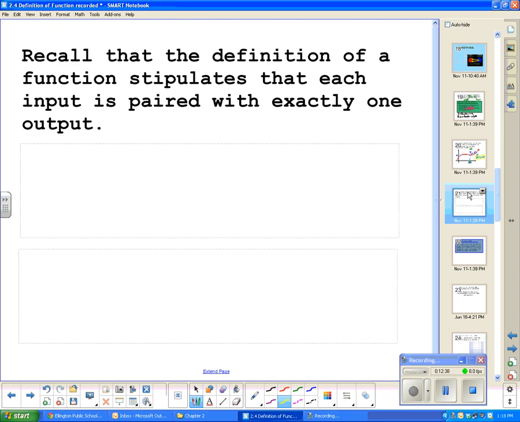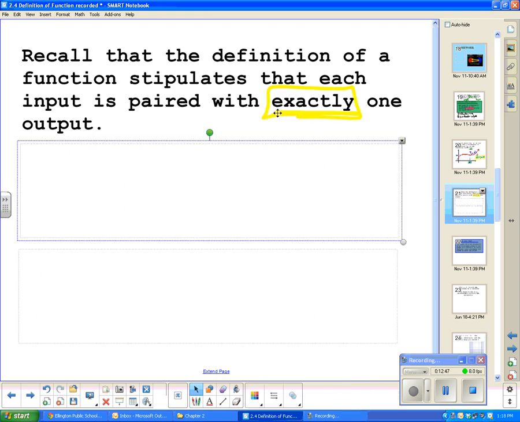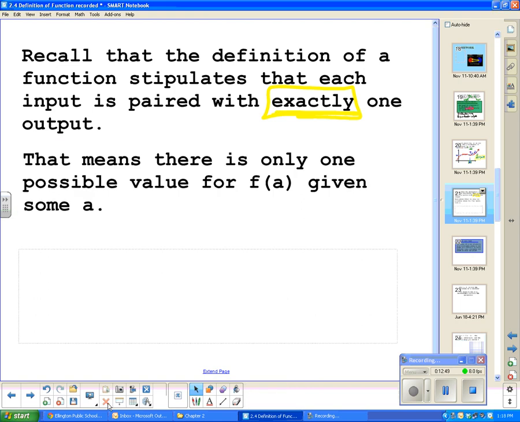Remember, for the definition of a function, each input is paired with exactly one output. And that leads us into some interesting statements that really help us with our graphs.